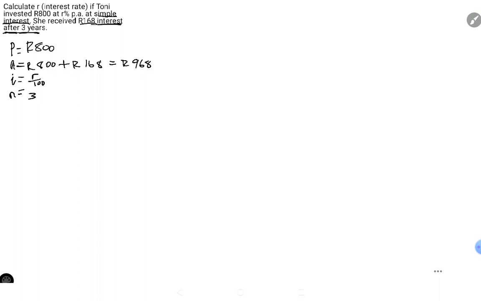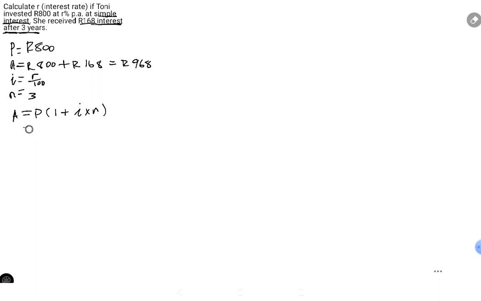So we're always working with keywords here. A equals P open bracket 1 plus I times N. The reason I'm putting I there is because I just want to show you something.